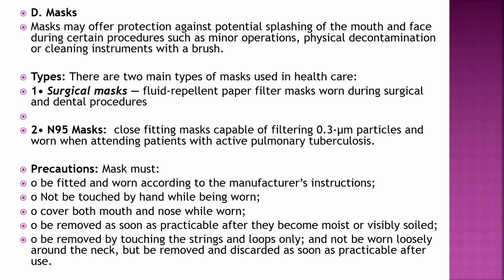They should be fitted and worn according to the instructions, and not touched by hand while being worn. They should cover both mouth and nose, be removed as soon as possible if they become moist or spoiled, and be removed by touching the straps, not the mask. Then hand hygiene should be done after removing the mask.